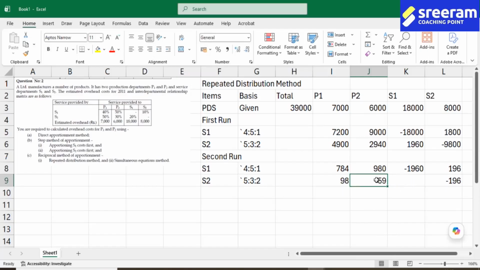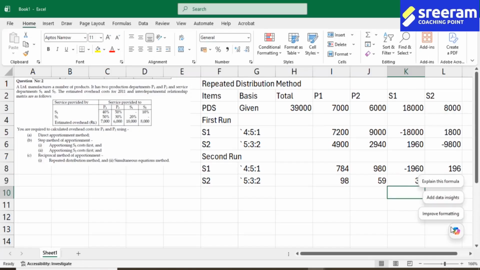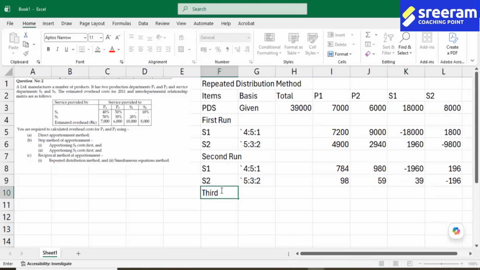So here I would like to copy and put it here, but here I got to change the thing. Instead of 0.3, it is 0.2. Now, if you look at the sum of these three, it will be 196. So people might ask this question, sir, how long we got to run like this? Until the numbers are becoming too small to take it up.